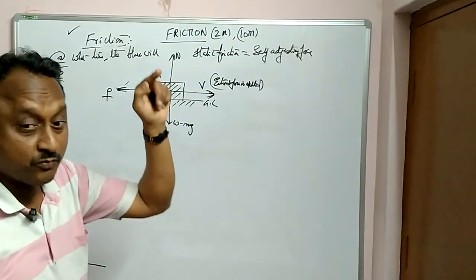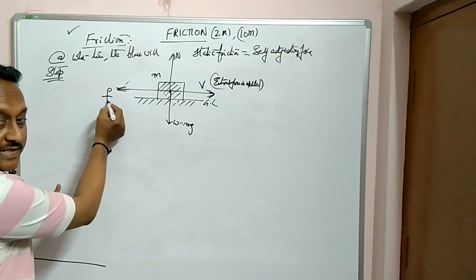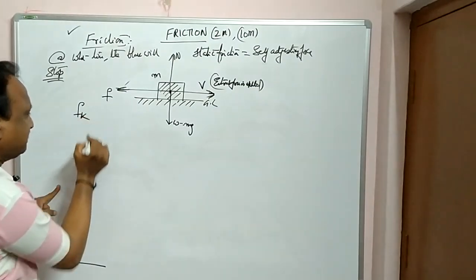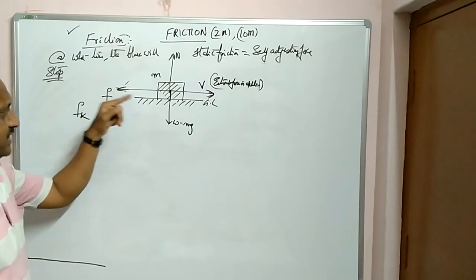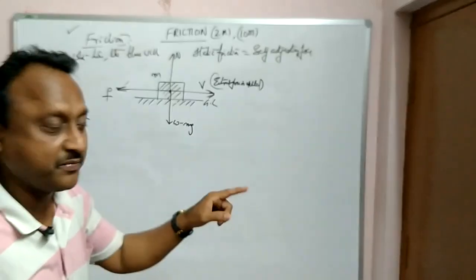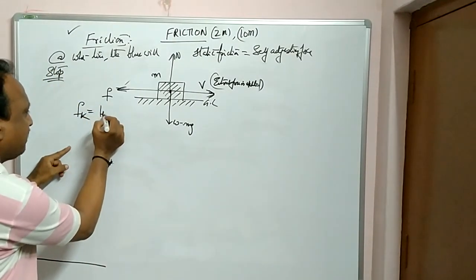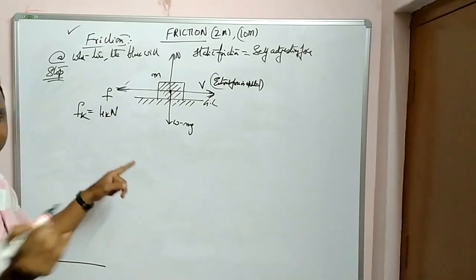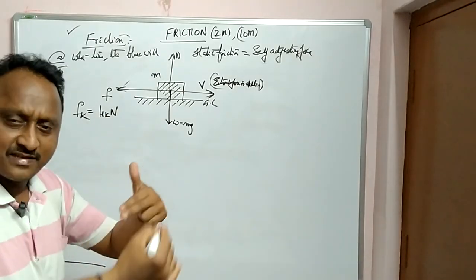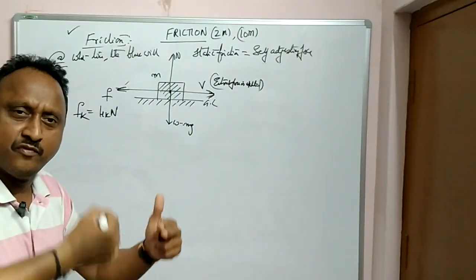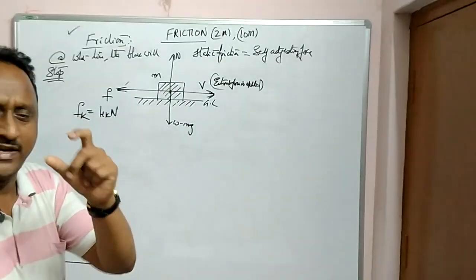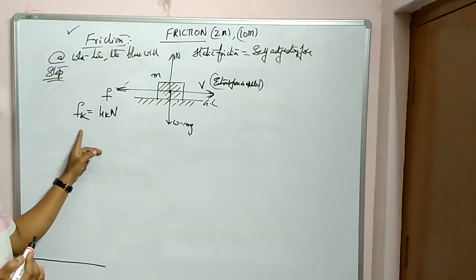Since the body is in motion, which force will be coming into picture? Kinetic friction force. So kinetic friction is equal to mu k into N. When any body is sliding on the surface of another body, kinetic friction force will be acting between the two surfaces.